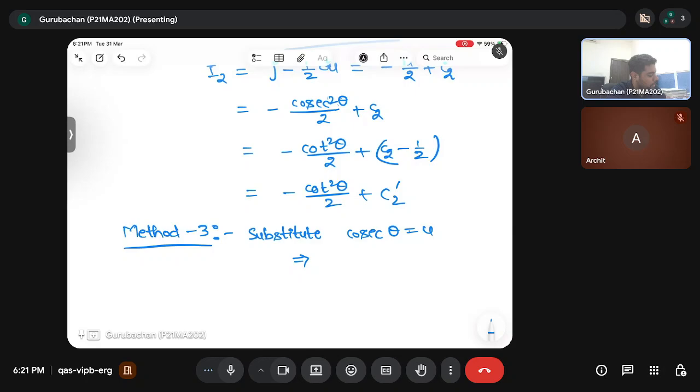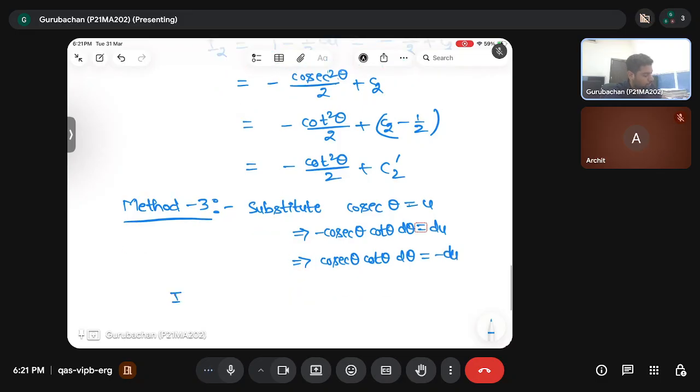So this will imply minus cosec theta cot theta d theta is equal to du. So from here, cosec theta cot theta d theta equals minus du.